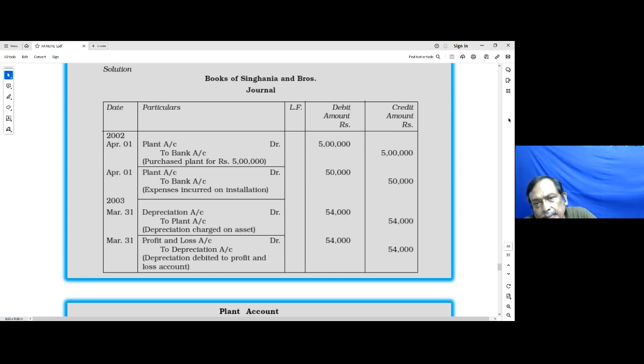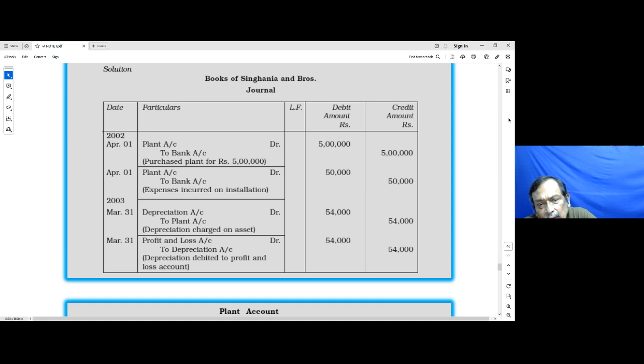Plant account debit to bank 5 lakh, purchased a plant for rupees 5 lakhs. Then plant account debit to bank account, expenses incurred on installation 50,000. So total plant account is debited by 5 lakh 50,000. Then depreciation to plant 54,000.